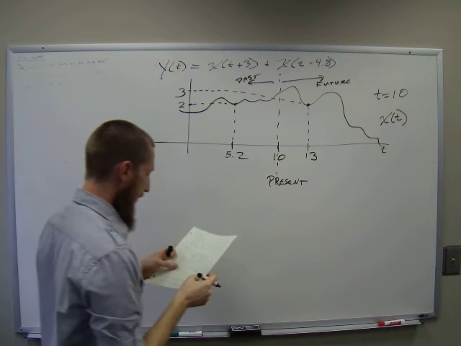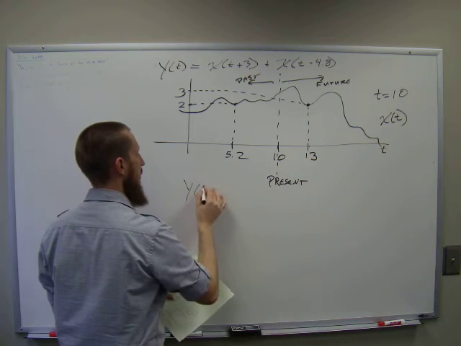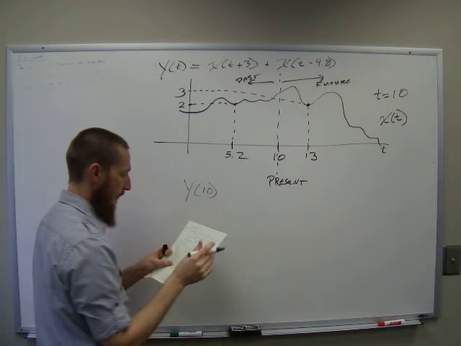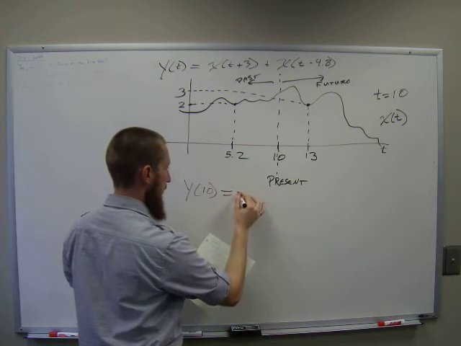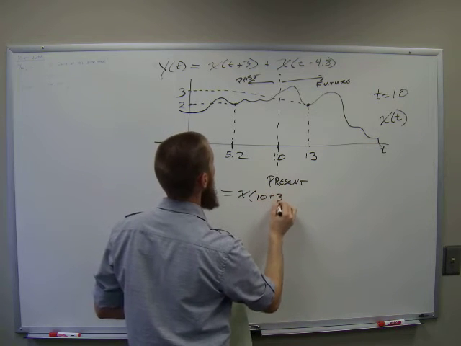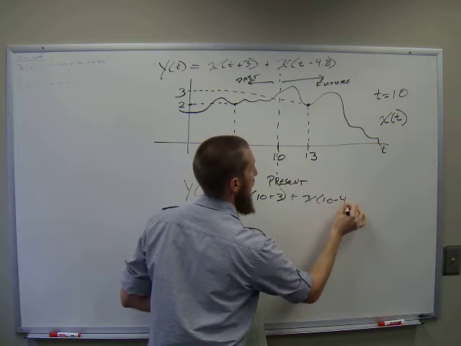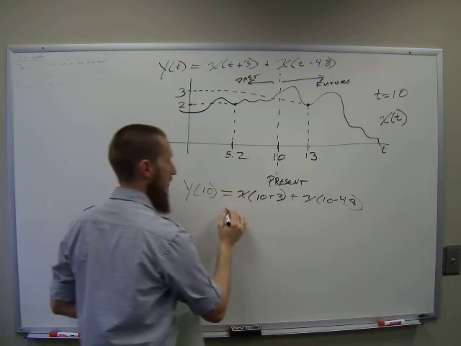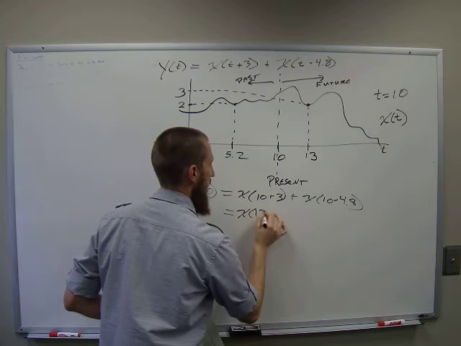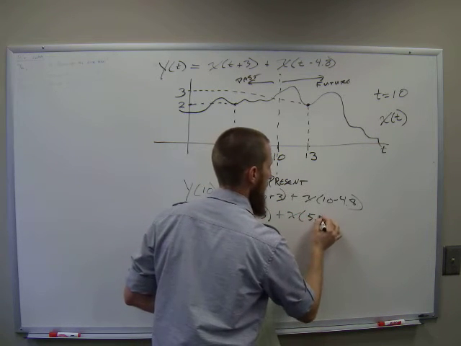And so when we build up y of t, which in this case is y of 10, this is going to be equal to x of 10 plus 3 plus x of 10 minus 4.8. This is going to be x of 13 plus x of 5.2.